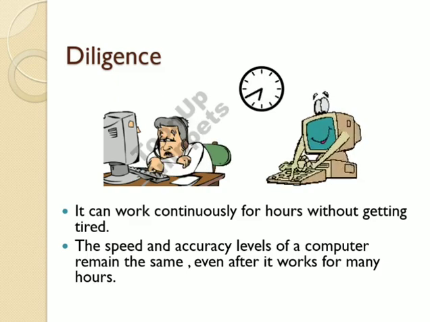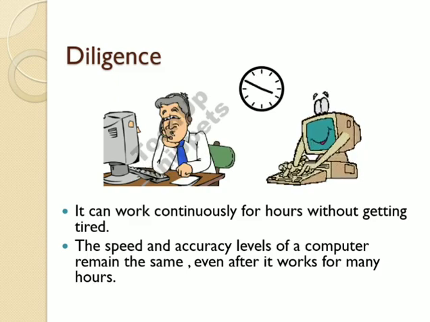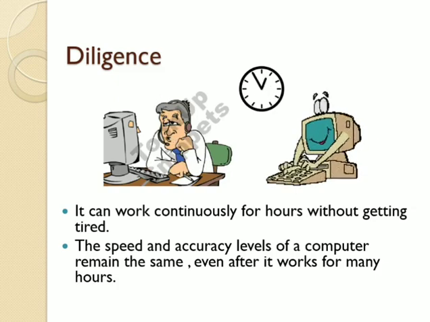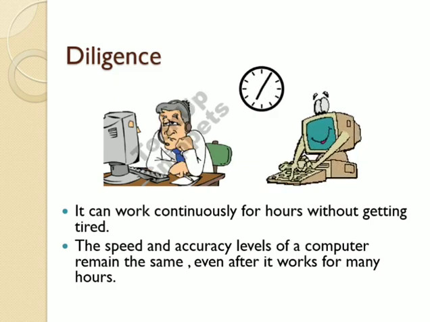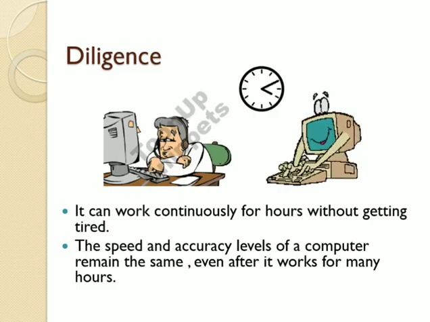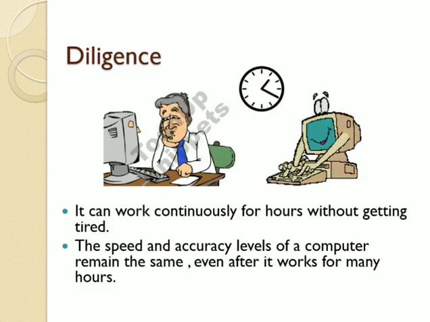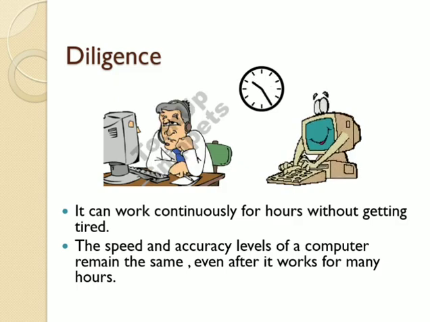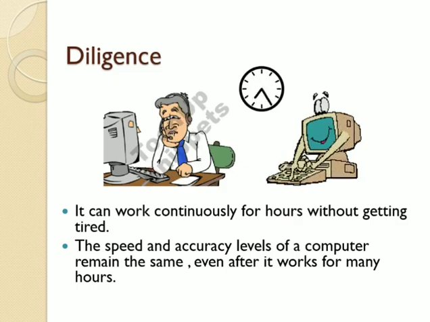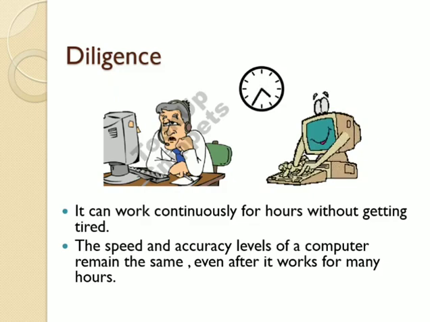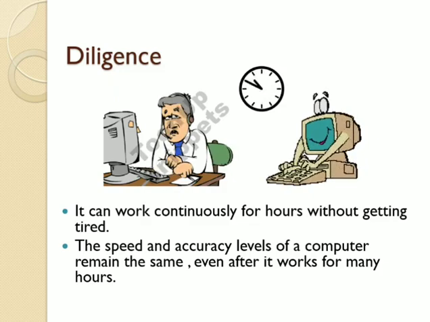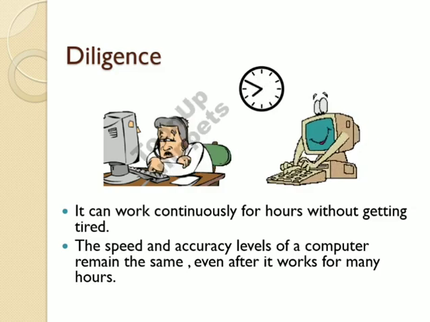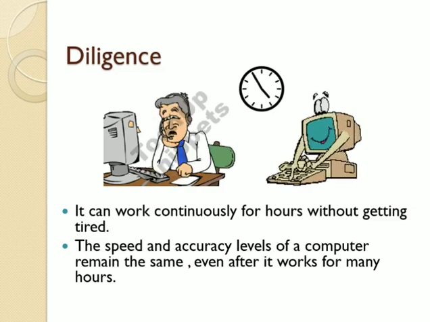For example, when we are playing a game on a computer for many hours, it will play with the same speed and same accuracy. So it is a diligent machine.